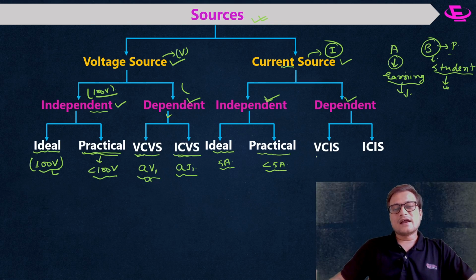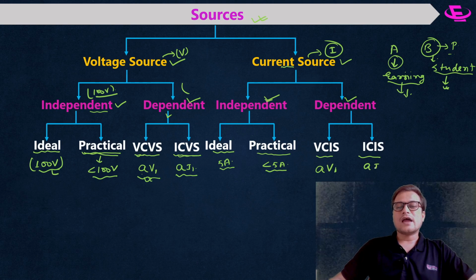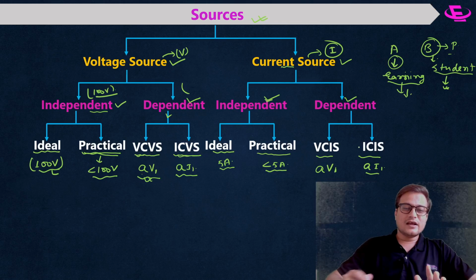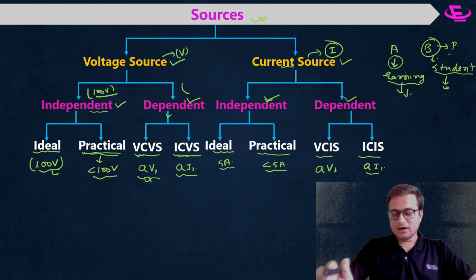Next, for dependent current sources there are two types: voltage controlled and current controlled. Voltage controlled is simply A into V1, and current controlled is A into I1. Now let us study all these points in detail.